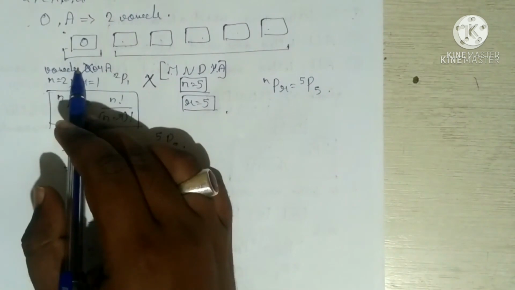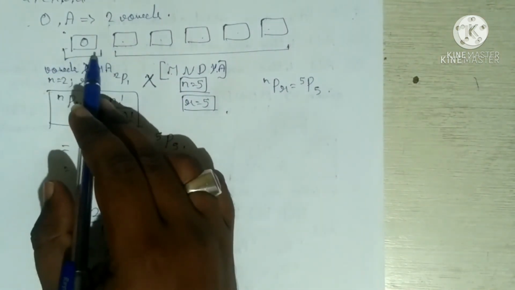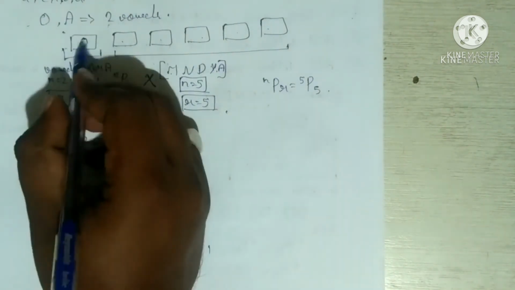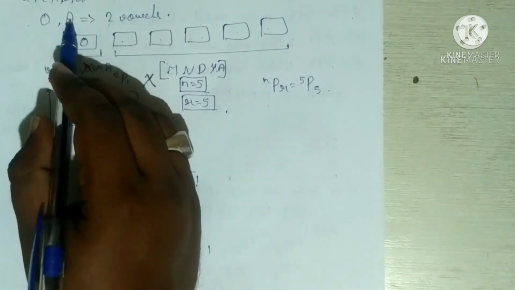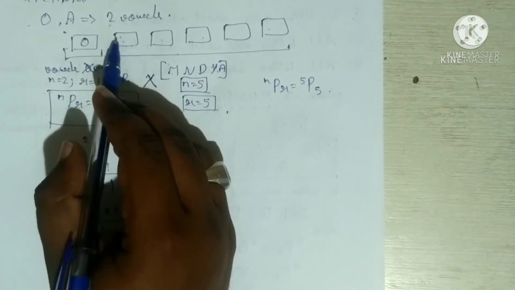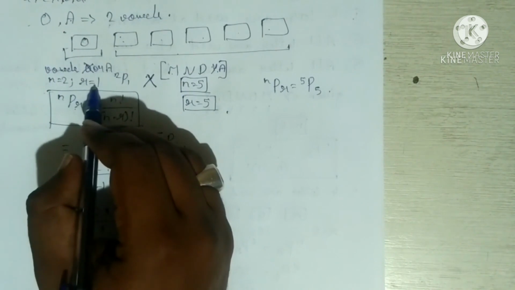2 vowels are there, n is equal to 2. The first letter will be only one vowel out of those 2. If the first vowel is O, then A will automatically come in another position. Then n is equal to 2, r is equal to 1.